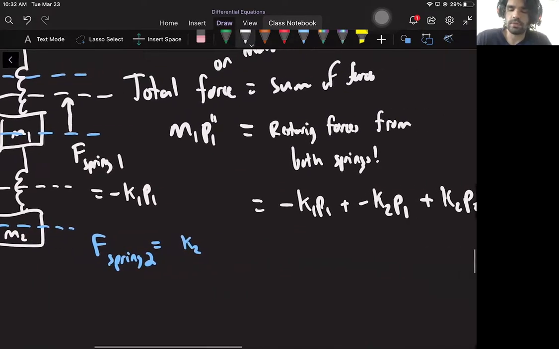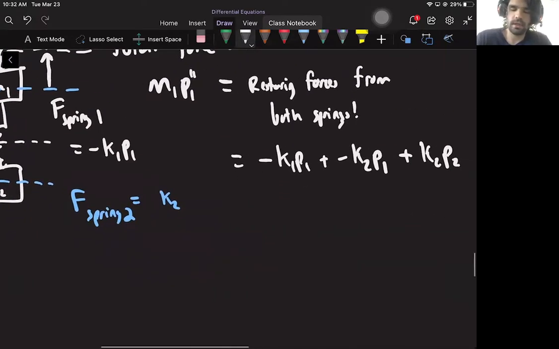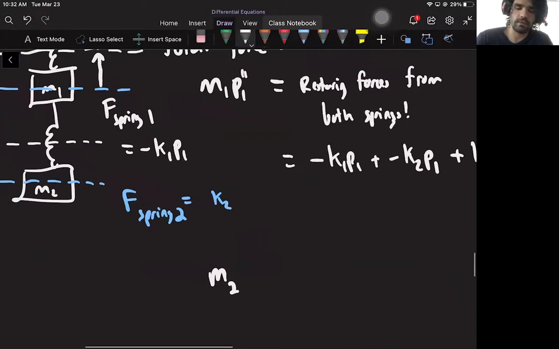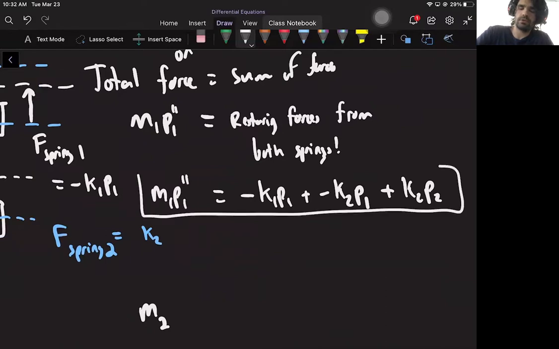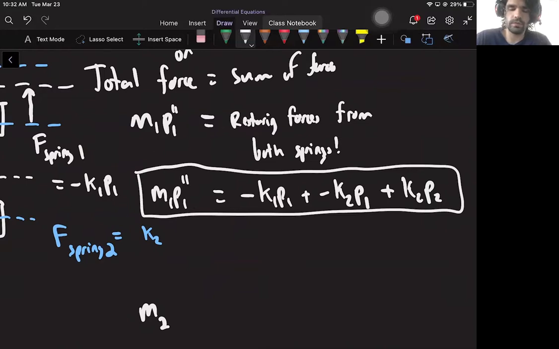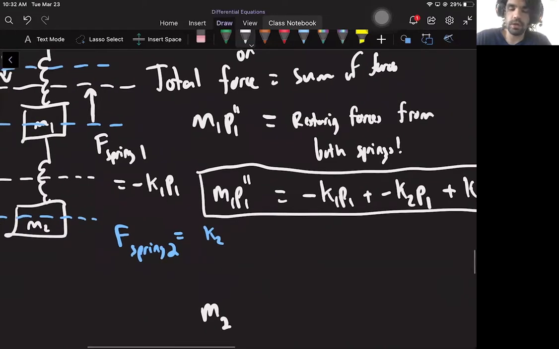So on mass 1, it should be positive, because on mass 2, it's going to be negative. But I've confused myself and everyone watching. So let me just write down the second equation and try to think about this a bit later. Okay, so the point is that this is the differential equation we're looking at for the forces on spring 1.